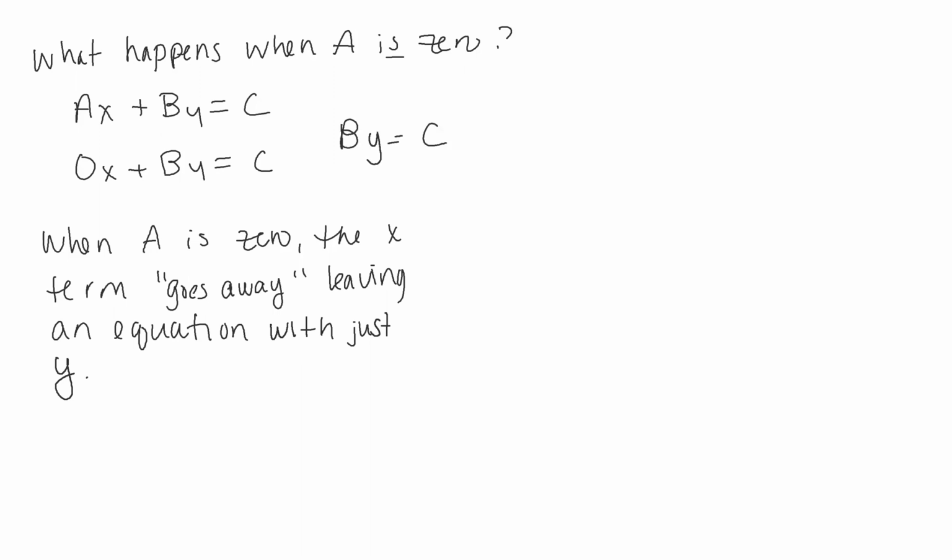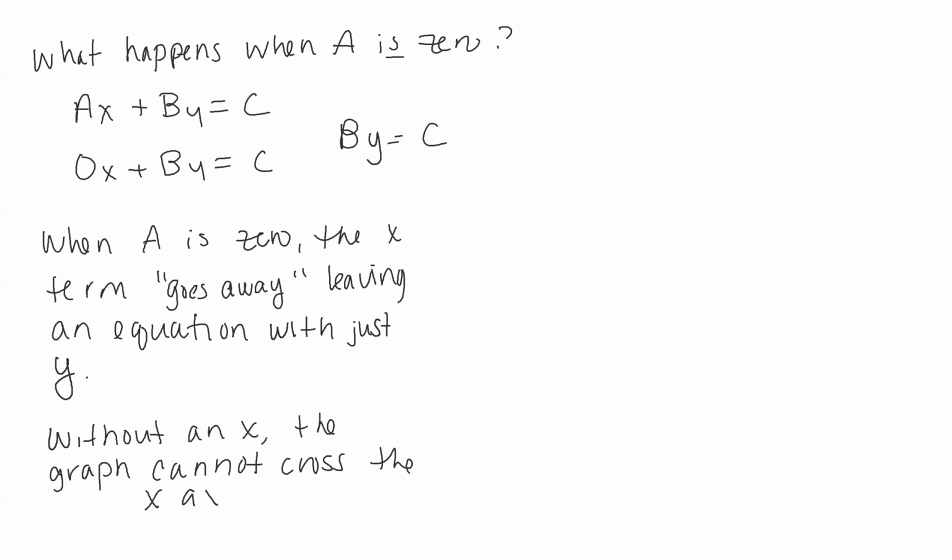Okay, so this means without an x, the graph cannot cross the x-axis.